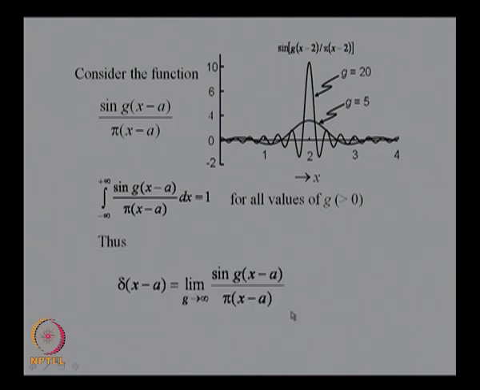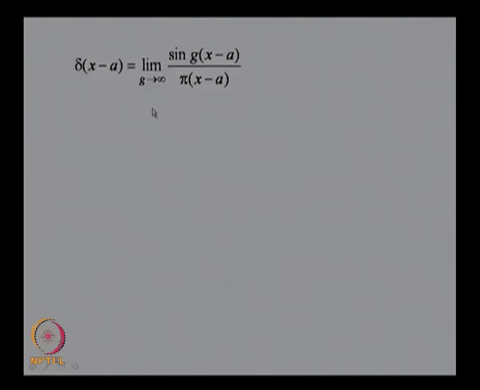So, the area under the curve is equal to 1 for all values of g, and therefore we have delta of (x minus a) is equal to the limit as g tends to infinity of sin(g(x minus a)) divided by pi(x minus a). We just now showed that the area under the curve is 1, and it becomes more and more sharply peaked as g becomes large. I have just shown that if I integrate this, then I get the left hand side.